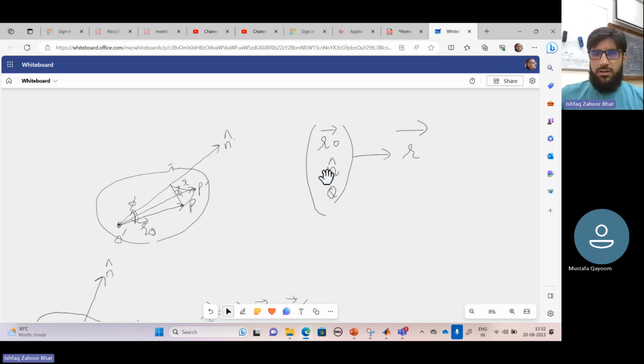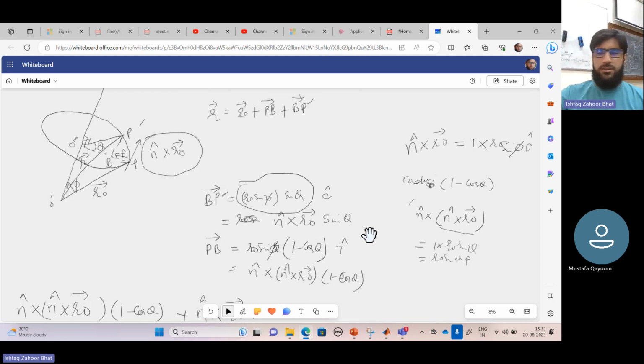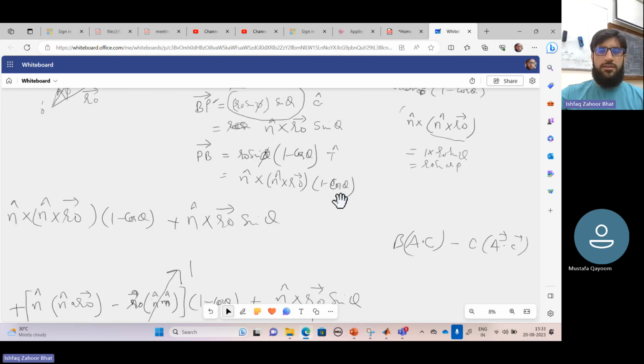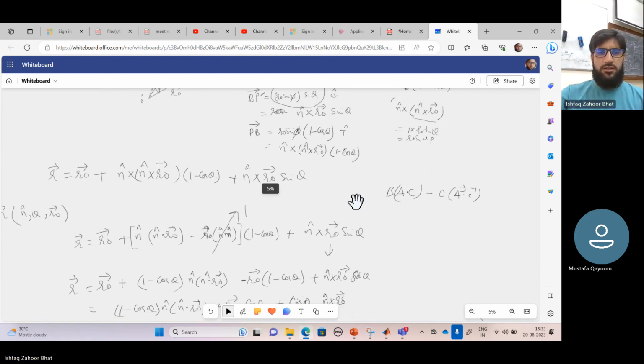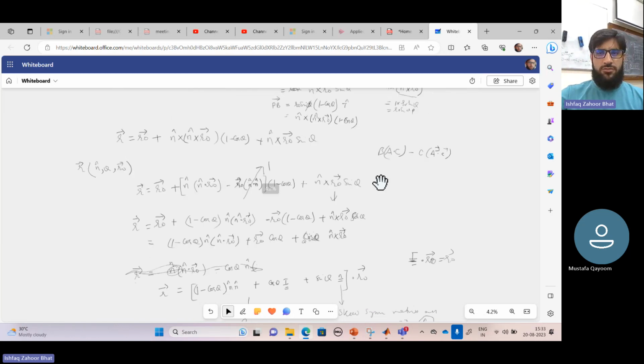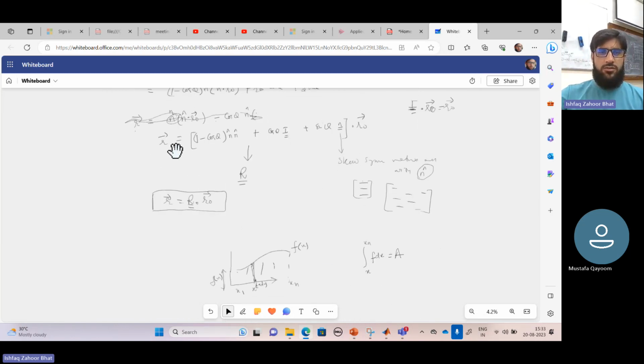And we did some mathematical manipulation, and we found that we can find that new vector, the rotated version of r naught. So this was all the stuff which we did in the last class, and we found that this is the relation.